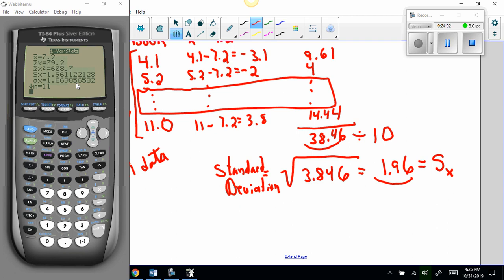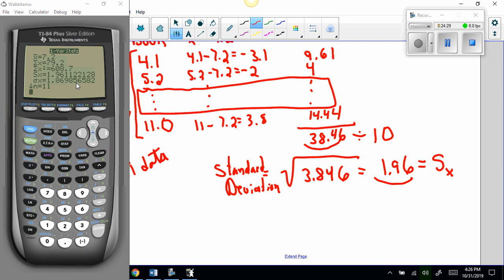I'm trying to read the problem. Calculate their standard deviations for the waiting times at Big Bank. They don't spell it out. So we are using S sub X in this course, not sigma X, at least right now.